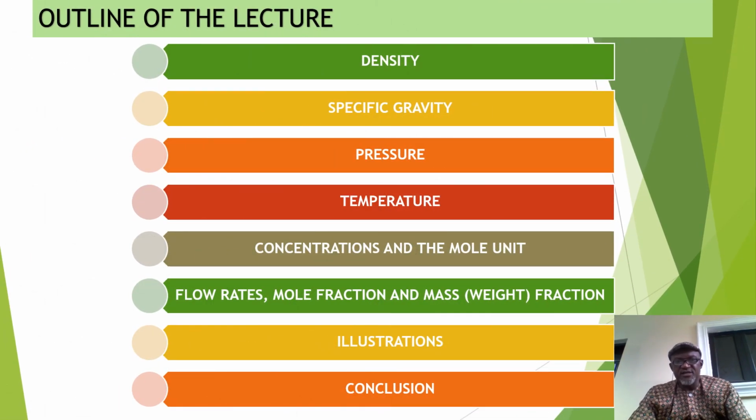These parameters are density, specific gravity, pressure, temperature, concentrations and mole units, flow rates, mole ratio, mass or weight fraction, mole fraction, illustrations, and then conclusion. These are parameters we'll be meeting along the line, so we just want to look at them one after the other.